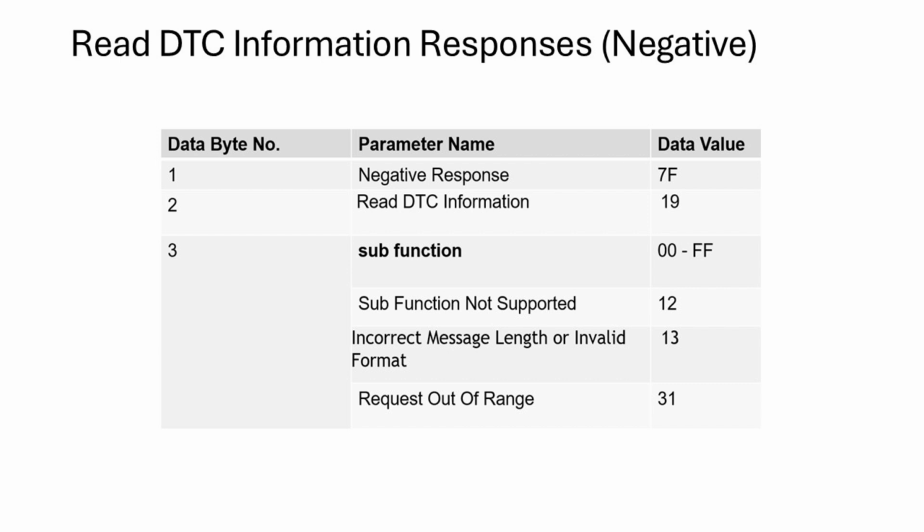And if you are requesting more than what the format says, then you can see invalid message length and request out of range. So if read DTC is not implemented in your software and you are sending that 1902 AF, then you can see the response 31 request out of range.